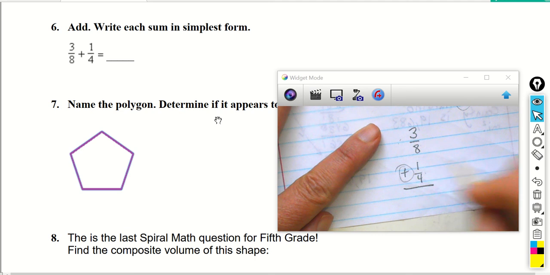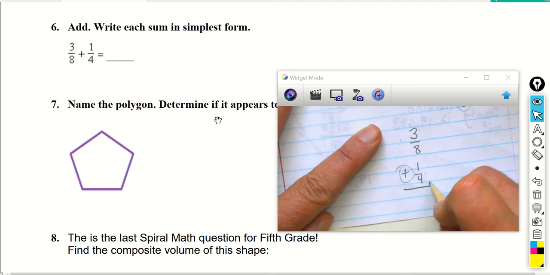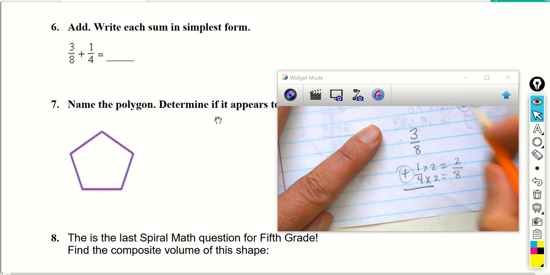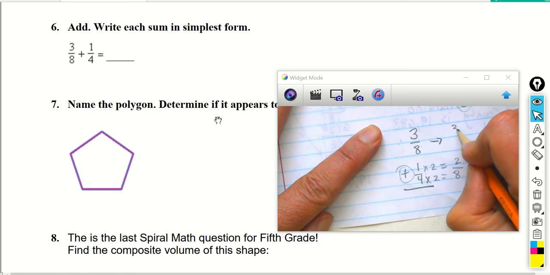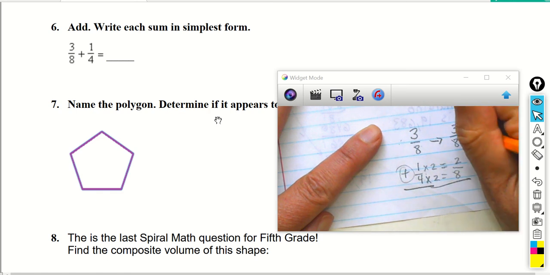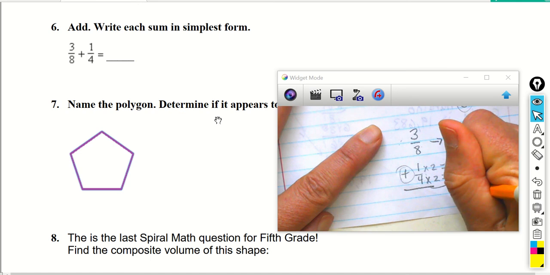And again, I'm stuck, I don't have a denominator that's the same, but that's all right because I can change 4 into 8. 4 times 2 is equal to 8, whatever I do on the bottom, 1 times 2 equals 2. Now I have an equivalent fraction of 2/8. And I don't have to change 3/8 because it's already got a denominator of 8. When I add these together, 3 plus 2, I get 5.